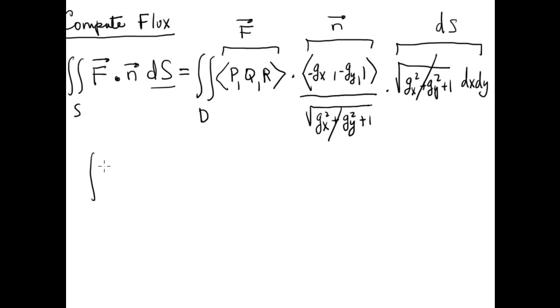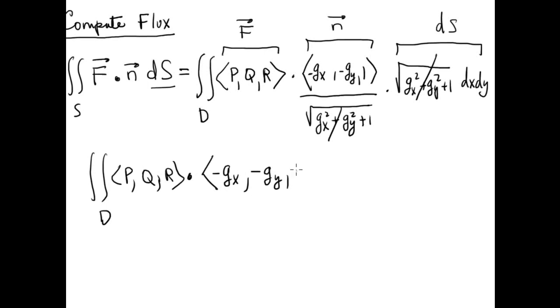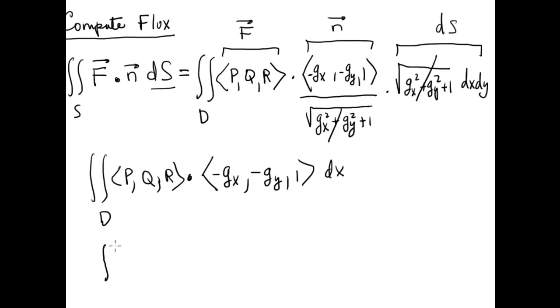The formula is the double integral of the PQR dot product, of course, with minus gx, comma, minus gy, comma 1 dx dy. Now you perform the dot product. So we have minus p gx minus q gy plus r dx dy.